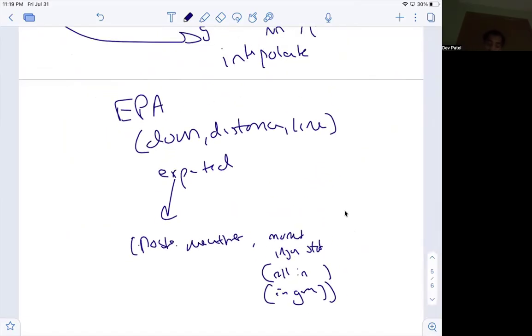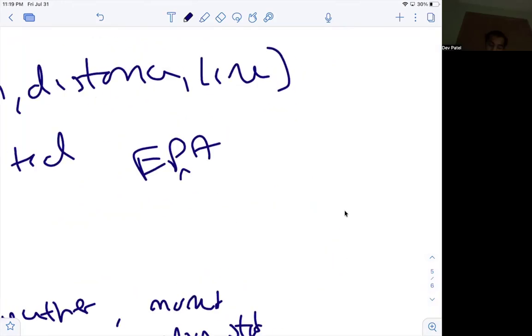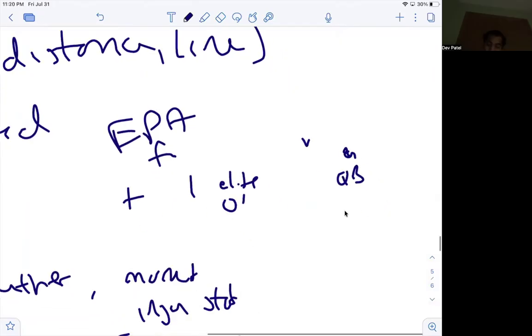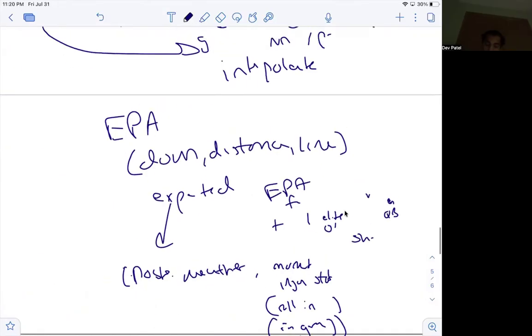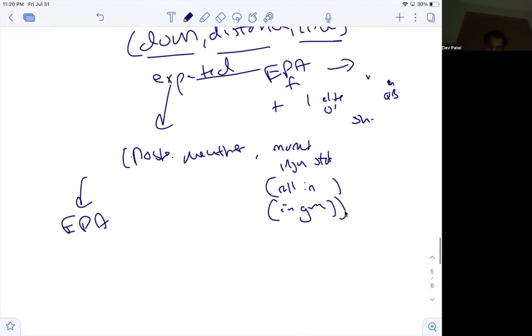So for example, EPA for a team with one elite QB versus an average QB should in theory be different, but based on current models, since it only focuses on down, distance, and line of scrimmage, it's the same.